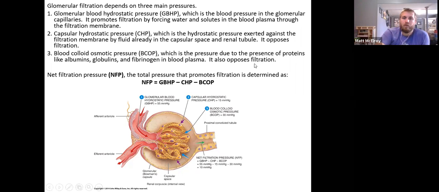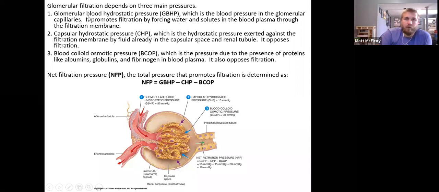So we have to do a calculation to see if filtration is going to happen. We calculate using the equation net filtration pressure, the total pressure promoting filtration. It's GBHP minus CHP minus BCOP.